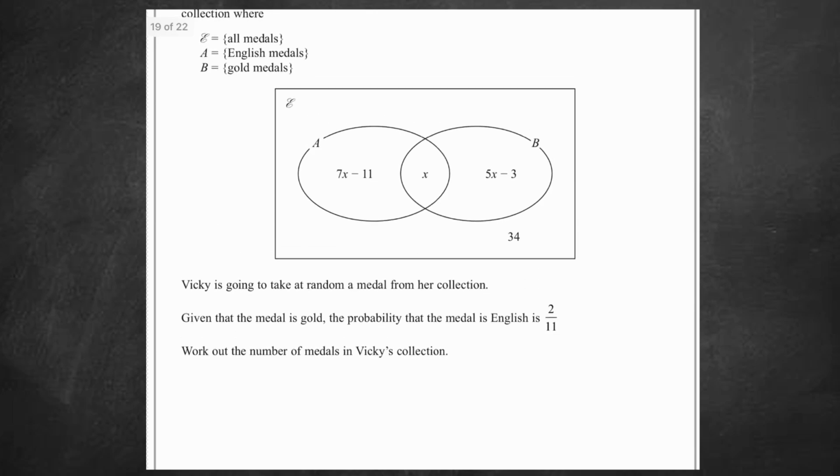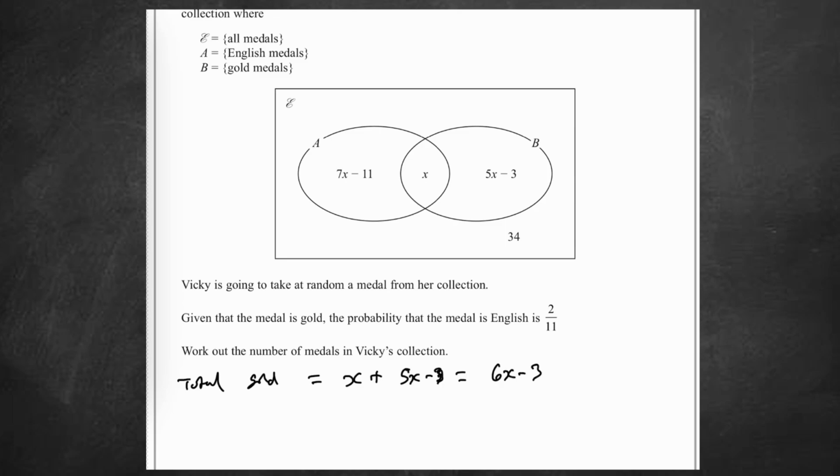So given that it is gold, we're already in set B, and the probability that it is English is 2 out of 11. What we can say is total gold medals is going to be x plus 5x minus 3, because it's everything within that B circle, or oval. So that is just going to be 6x minus 3.